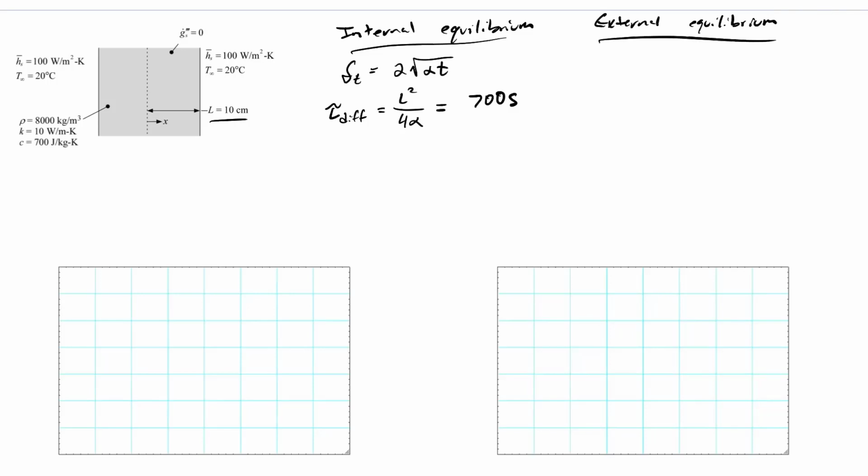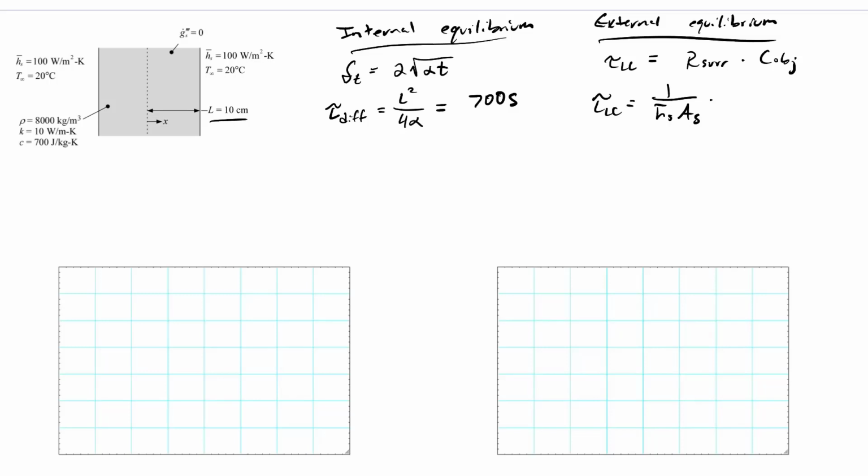For external equilibrium, we'll say tau LC is equal to our surroundings resistance times C of the object. The surroundings resistance is 1 over h bar S times A S. And what's the heat capacity of the object?